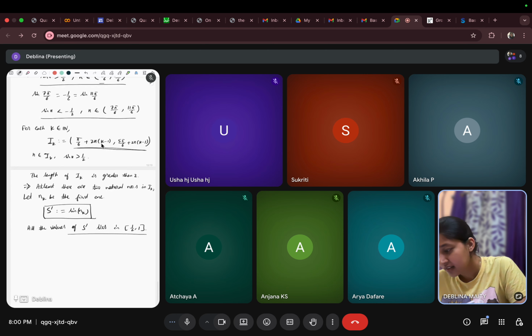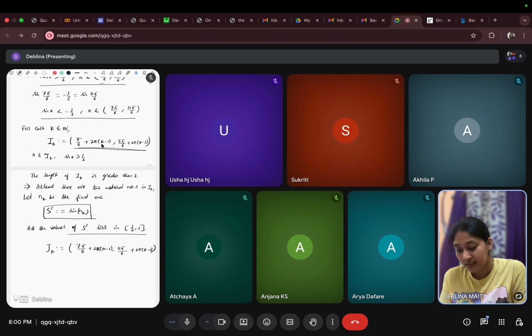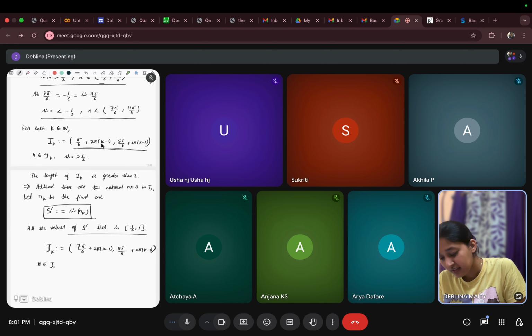Similarly, if we consider Jk, the interval from 7 pi by 6 onwards, then if x belongs to Jk, sin x is less than minus half.